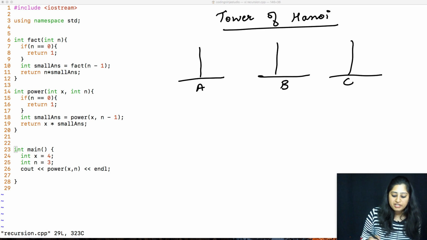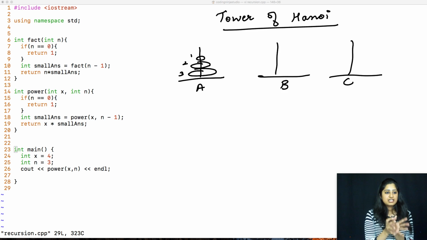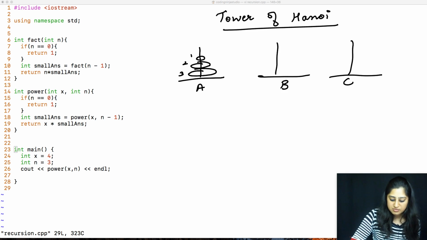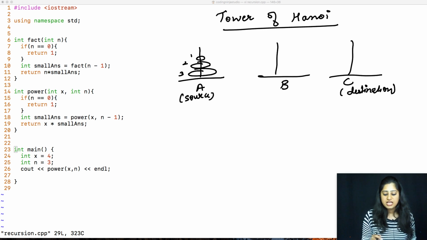So let's say I have these 3 discs, disk number 1, 2 and 3. What we have to do is transfer all these discs from rod A to C. A is my source, the start, C is my destination, where I have to put all these discs ultimately. B is just a helper rod that I can use in my procedure.